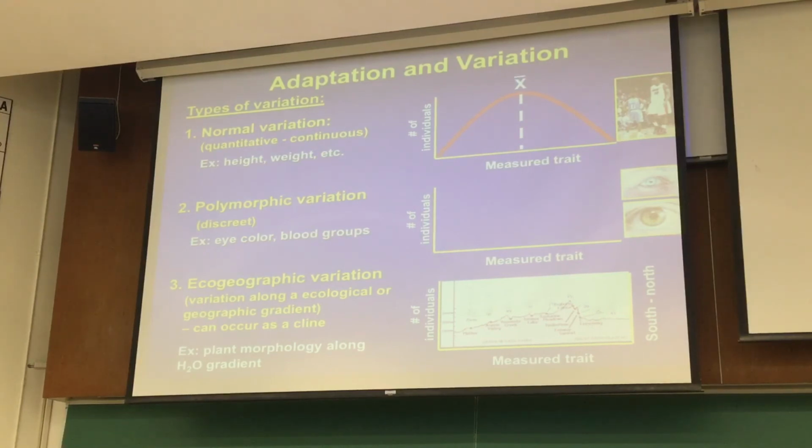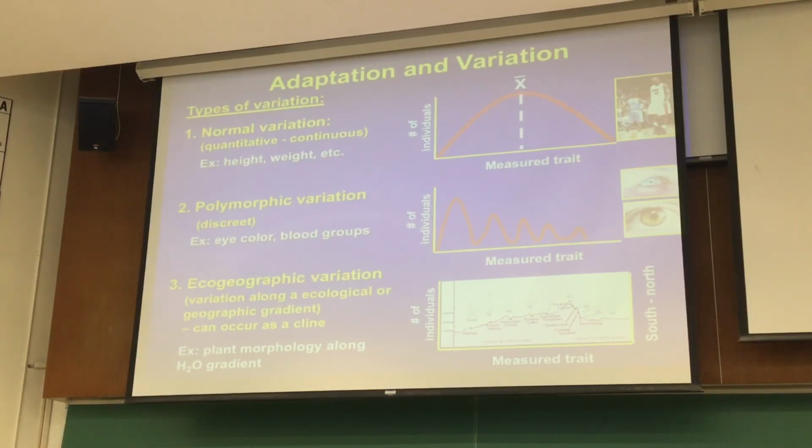And then the last one is ecogeographic variation. What does that look like when it's plotted? It comes out as distinct humps. Not this nice clean one, but up, down, up, down. Ecogeographic variation is variation along some kind of cline, ecologically or geographically. How does a trait vary with water from low to high? How does a trait vary with temperature from high to low?